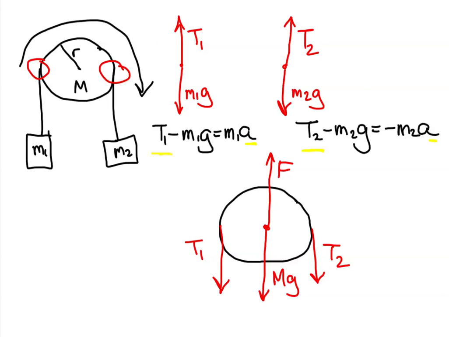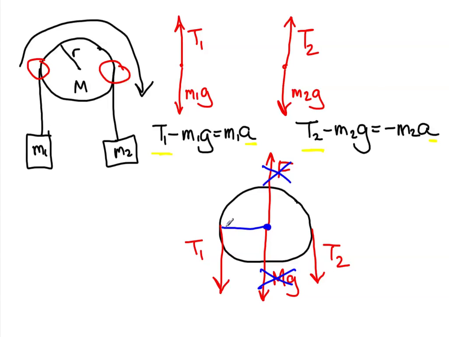So when we start doing our torque equation, we choose the center of rotation, and since this thing is going to rotate, we want to choose the actual center of rotation. So our center of rotation is going to be here. Now, if that's the center of rotation, that eliminates both of these as torques because they have no lever arm because they're acting on the center of rotation. So that means only these two forces have lever arms.